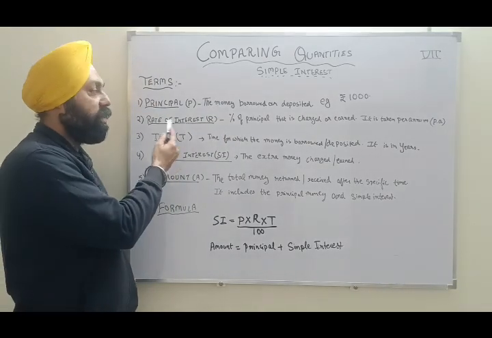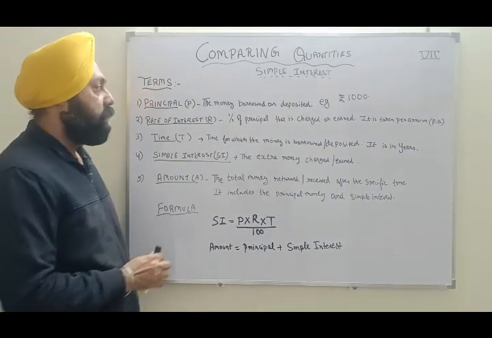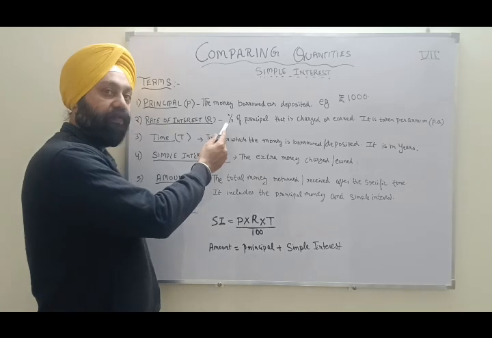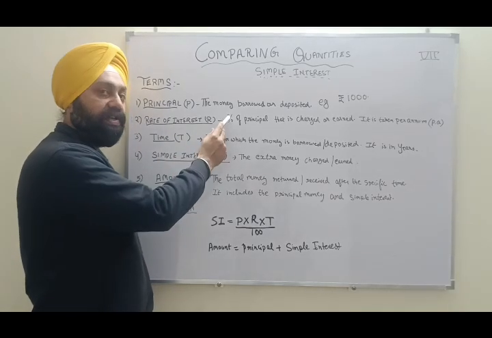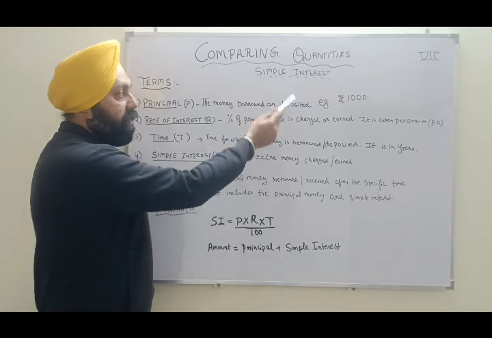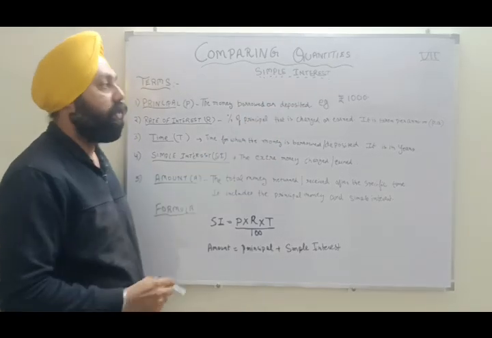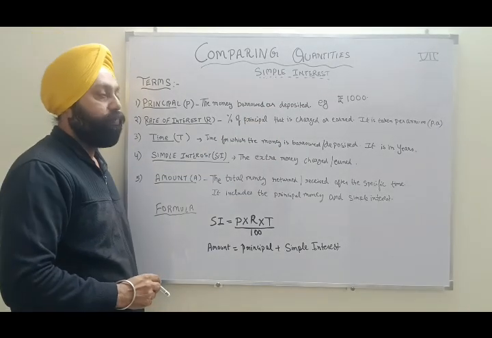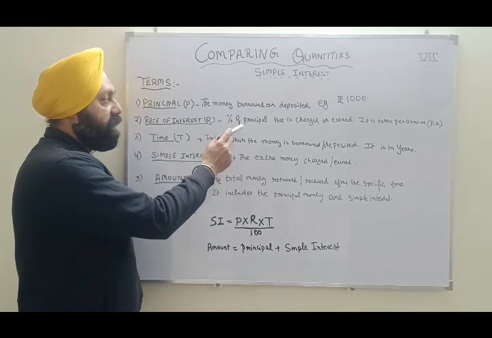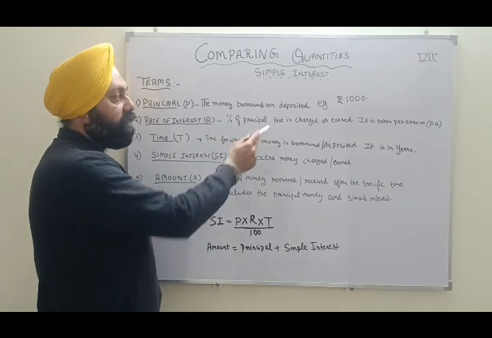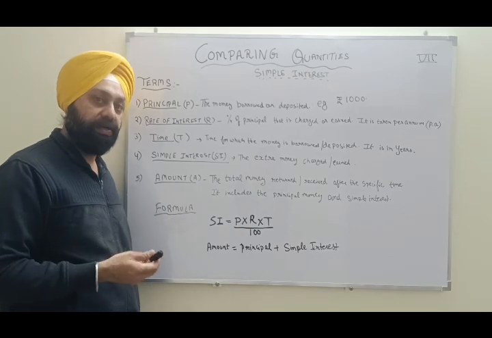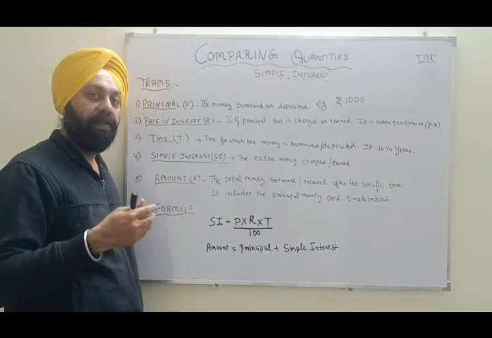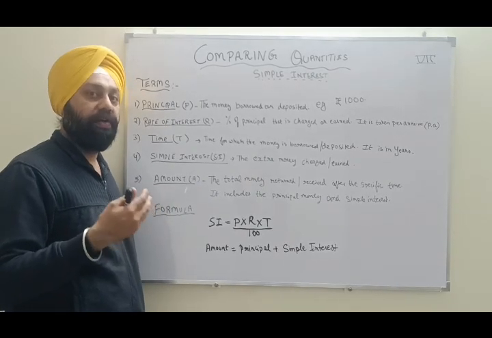The next term is rate of interest. So basically the rate of interest is usually mentioned in percentage. It is basically the percentage of this principal which is charged or earned. It is taken per annum. Suppose the bank says that you deposit 1000 rupees in my bank and I will give you 5% rate of interest.